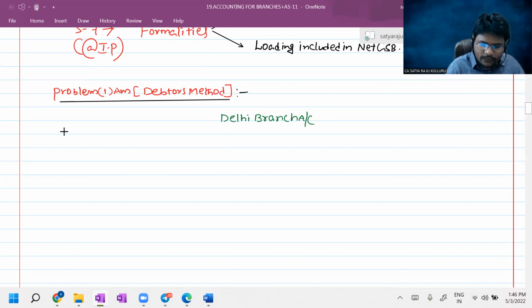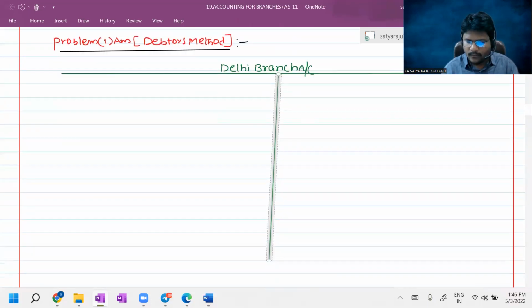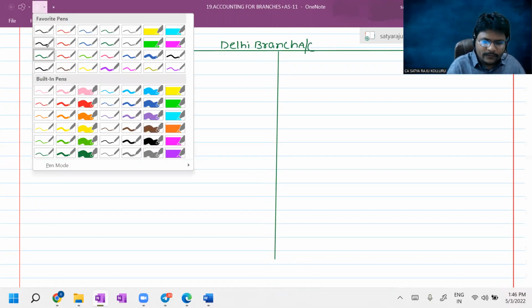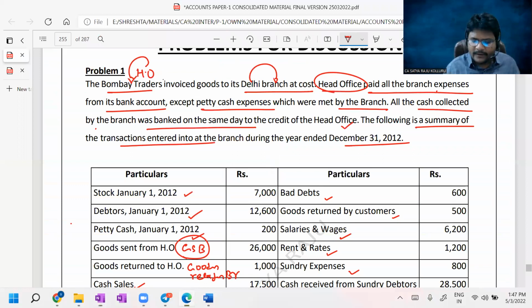Apply the 6-step approach. All of you quickly. What is that 6-step approach all together? Step 1: opening balance of assets. It is clearly given in the problem itself.